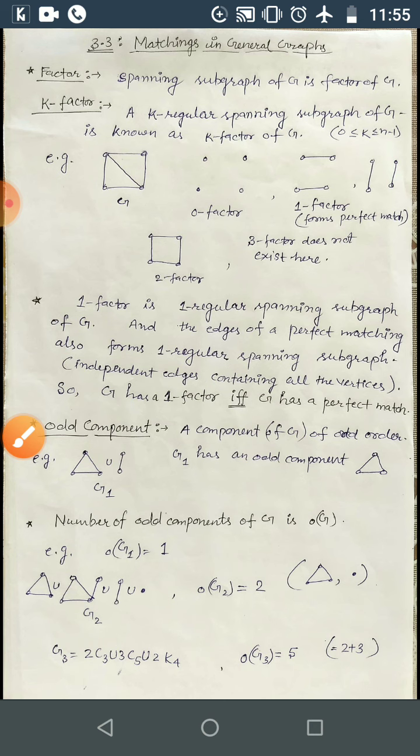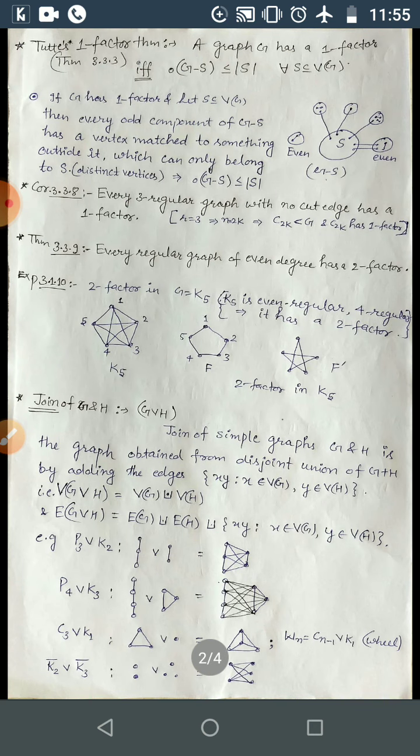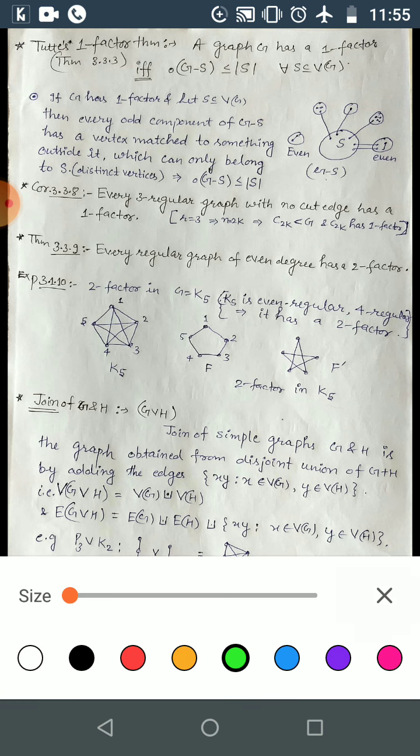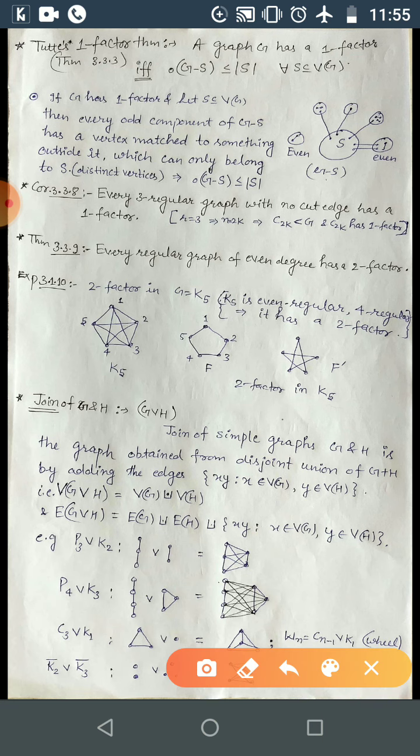Why are we discussing this? Let's come to this one, okay? In case of a bipartite graph, while discussing perfect matching or a matching, we discussed Hall's condition, correct? Hall's matching condition to check whether there does exist a matching in a particular graph with some particular cardinality, equal to the cardinality of a partite set, correct?